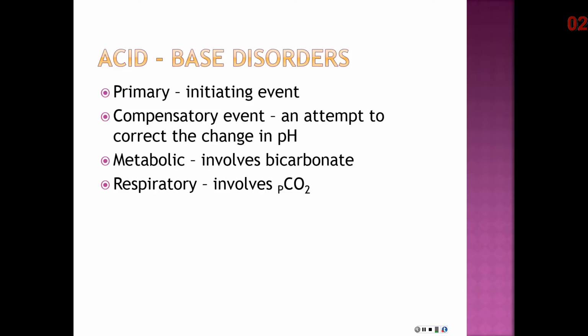So the primary event is what really went wrong first. What's really causing a move away from homeostasis and causing them to actually have a metabolic disorder where the hydrogen ion concentration or the bicarbonate concentration has gone awry.